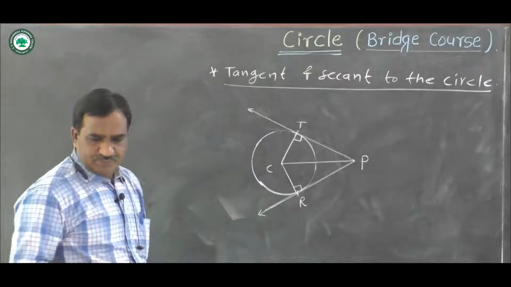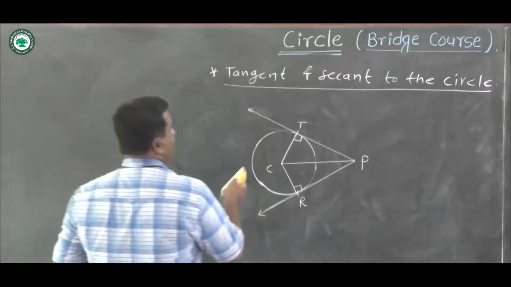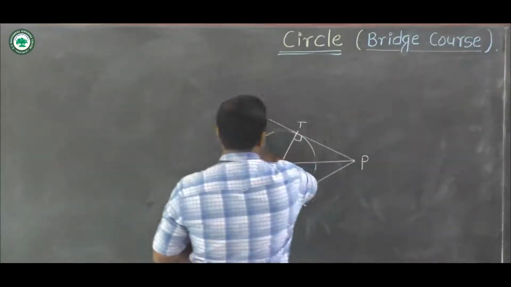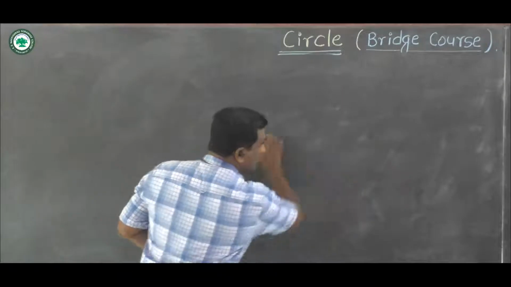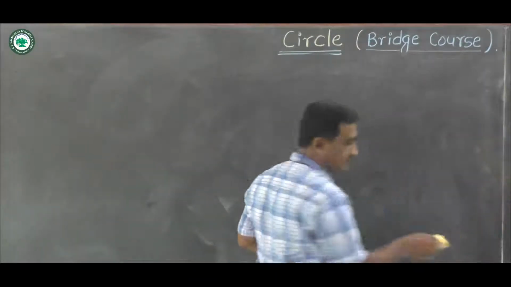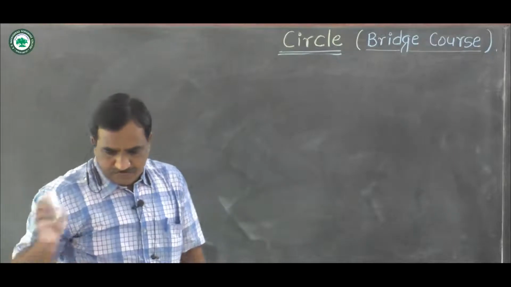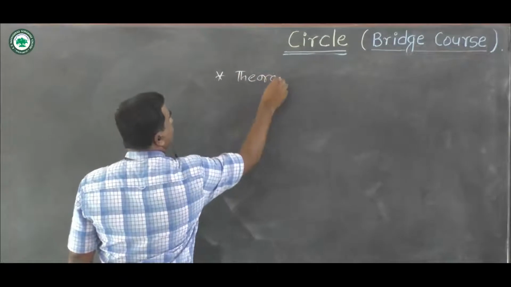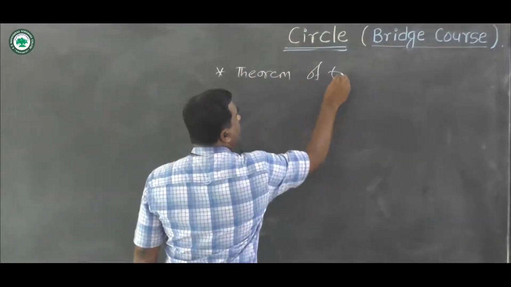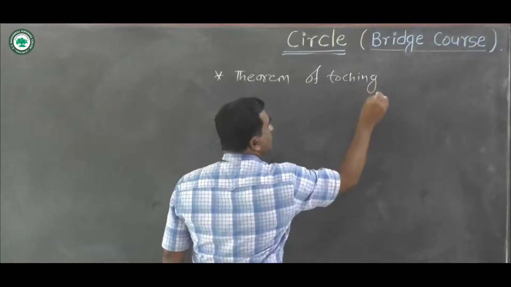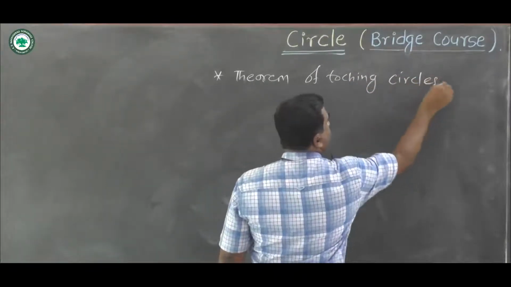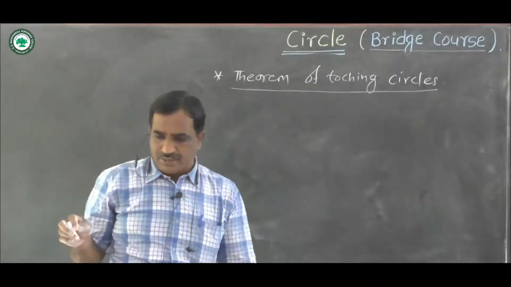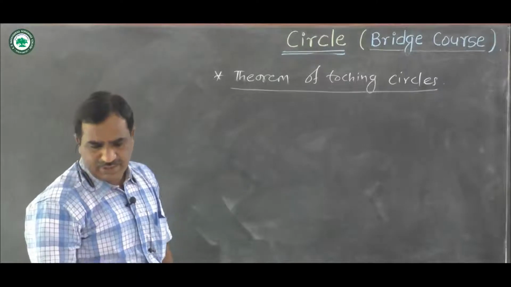Now we see the next theorem, the theorem of touching circles. Now we know that circles can touch each other, first internally and second externally.